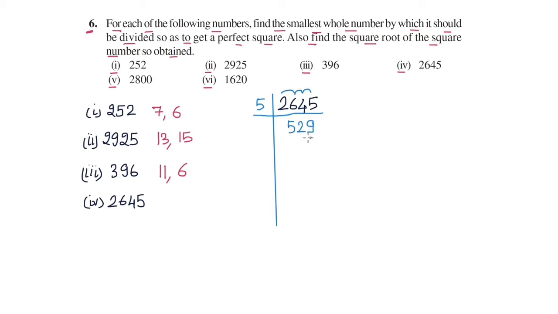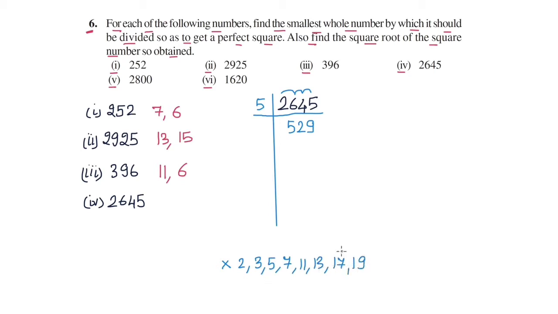Now again we have to think which number can divide 529 using the divisibility rule. To check by which number we can divide 529, or find the prime factors of 529, you will see that this number is not divisible by 2, 3, 5, 7, 11, 13, 17 and 19.